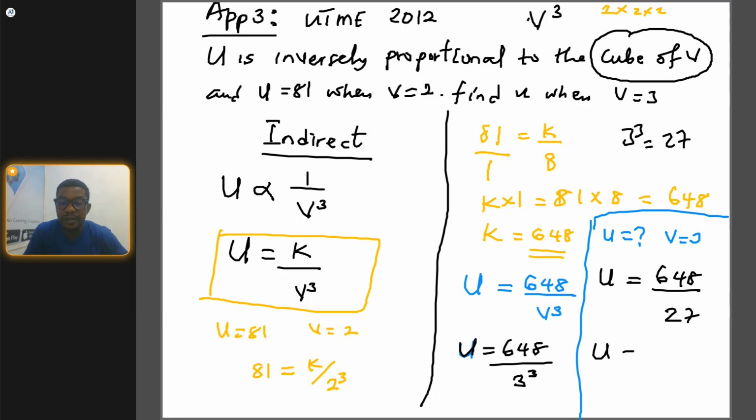You have to divide 648 by 27, and that will give us 24. So I believe that is clear to us. Our u equals 24. Is that clear to us? Can we proceed?